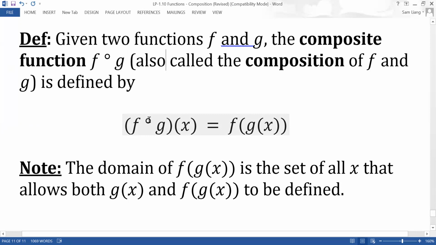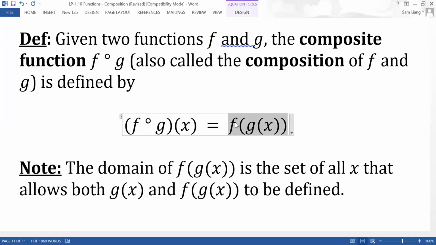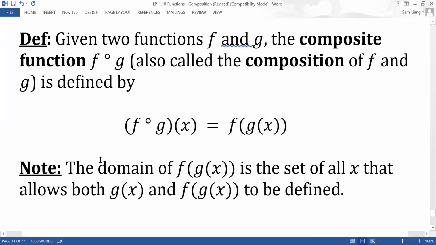You can write this with a circle, or I find it more helpful if you write it like this, because that kind of tells you what you have to evaluate. But you can use either and just be familiar with both. Note that the domain of f of g of x is a set of all x. I know this might be initially confusing, but we'll see that it's not too bad once we go through some examples.